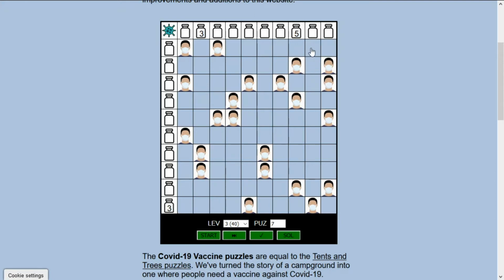Then I will click on the cells that can never have a vaccine. So here, because that is a diagonal connection with a person, all the cells that can't have a vaccine, it's a little work in the beginning.